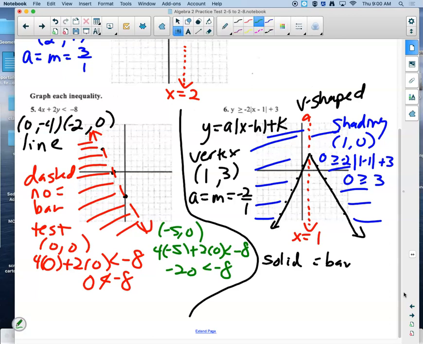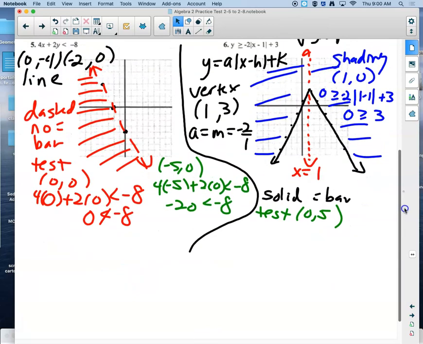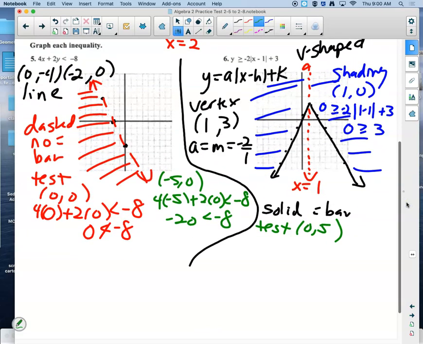So maybe I'll pick something like 0, 5. It's supposed to be shaded. I'll try 0, 5. So back in the original, that would be 5 is greater than or equal to negative 2 times the absolute value of 0 minus 1 plus 3.